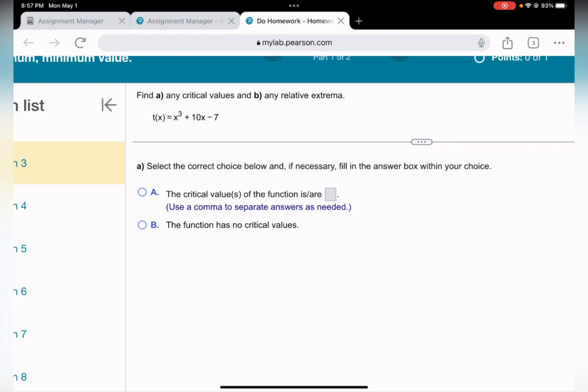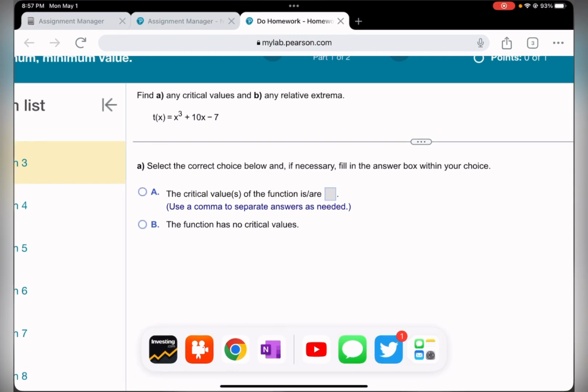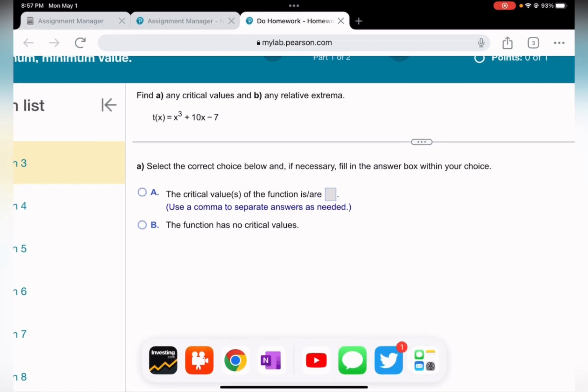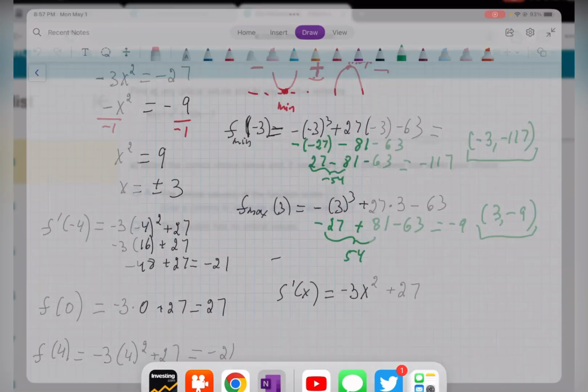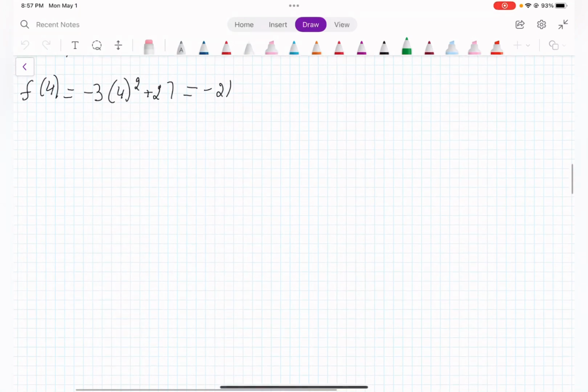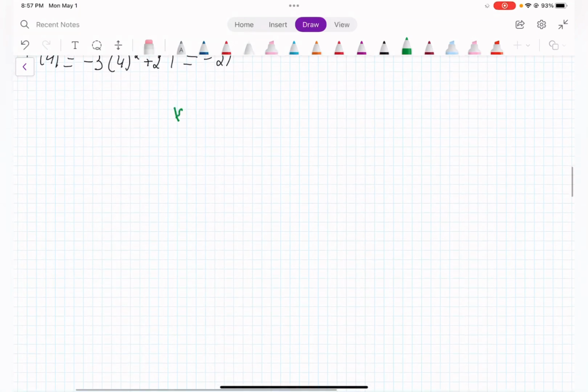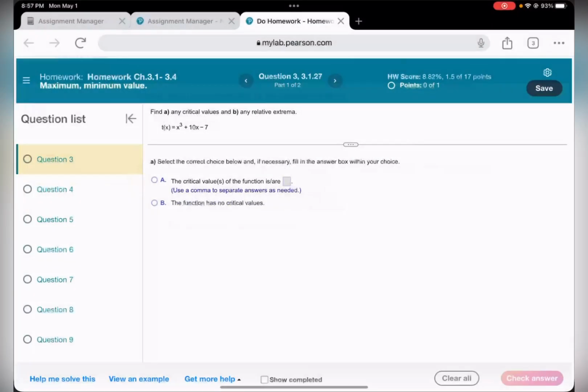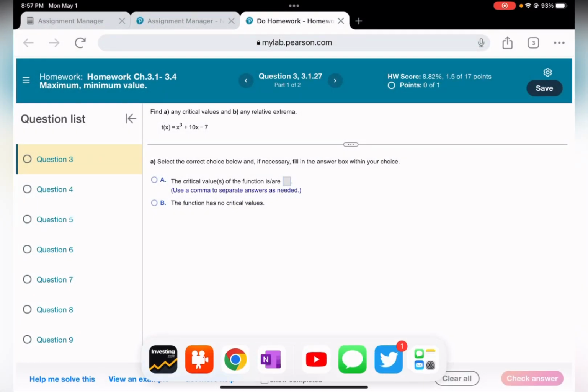So we have x cubed plus 10x minus 7. Double check. Yes.